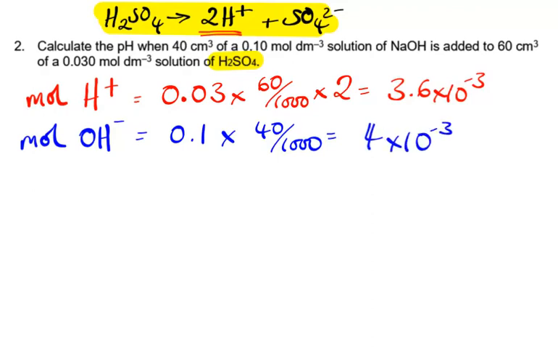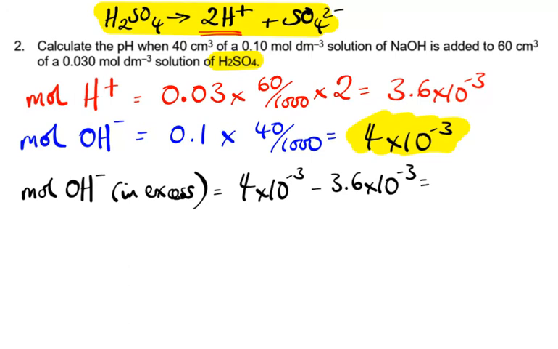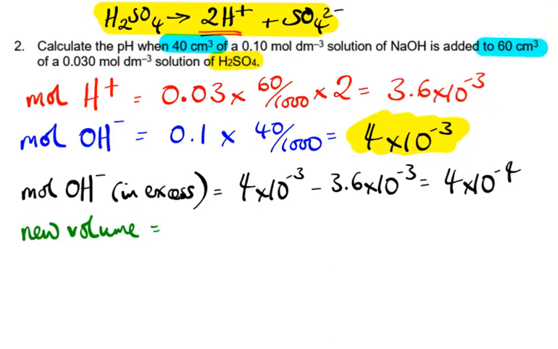So in this case, it's the hydroxide ions which are ever so slightly in excess. So to get the moles of hydroxide ions in excess, we'll take one from the other, and that gives us 4 times 10 to the minus 4 moles of hydroxide ions. The new volume, we've got 40 and a 60, which makes it nice and easy.